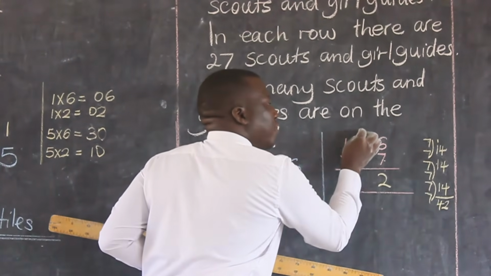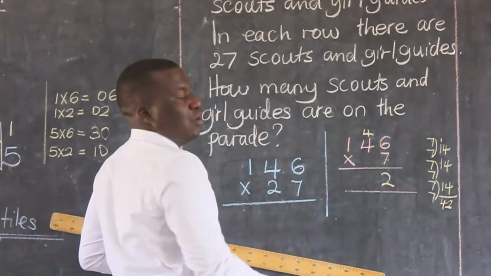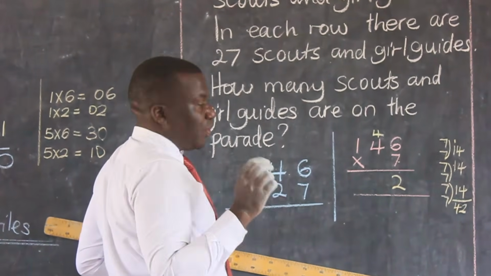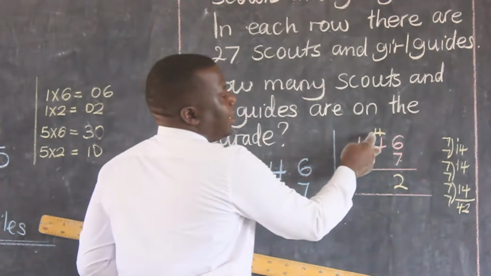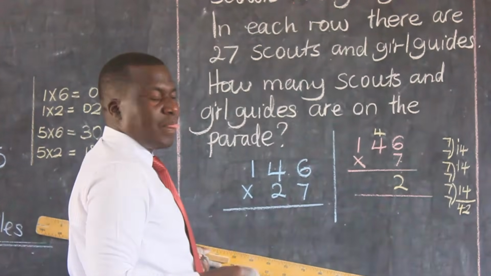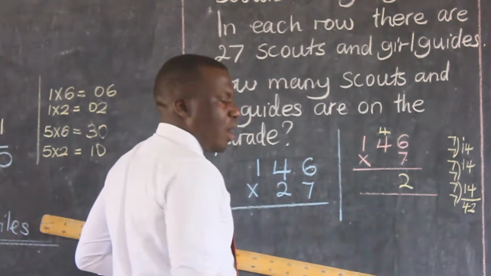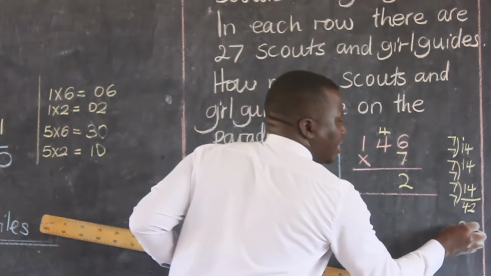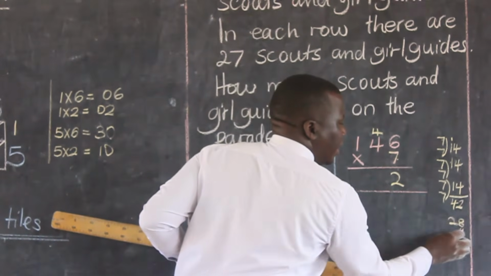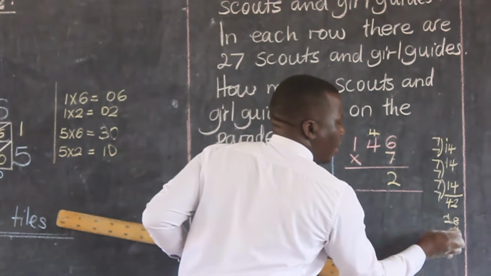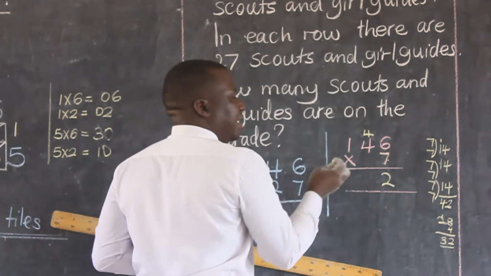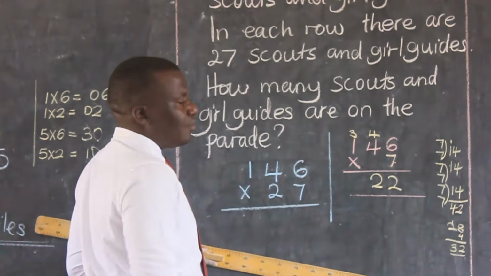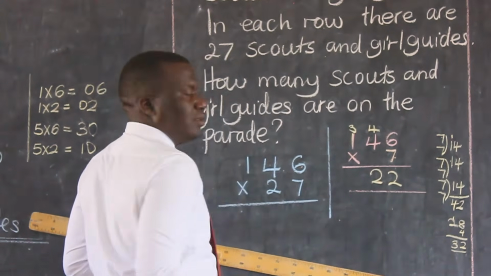2, carry 4. Okay? What is 7 times 4? You get 28. 28 plus 4. So if you're not so sure, you have multiplied 7 times 4 and you have got 28. Add that 4. What do you get? 12. Carry 1, 3. So you shall get 32. Write 2. Carry 3. 7 times 1, you get 7.